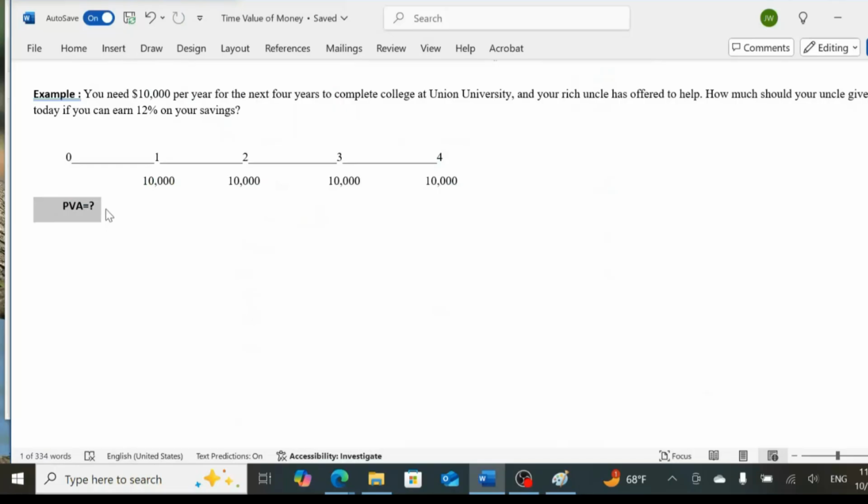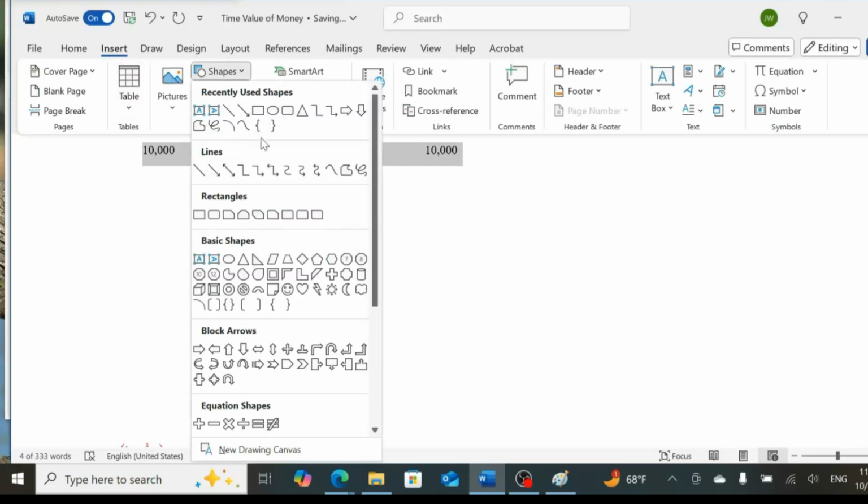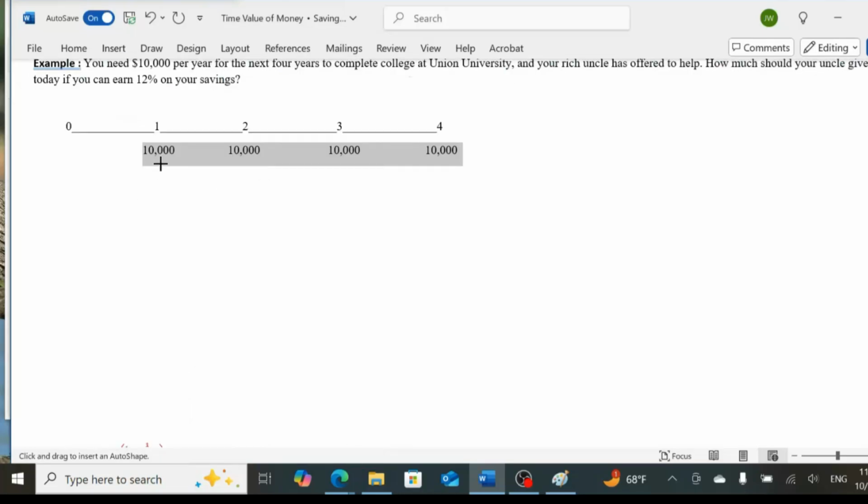So how can we do this? Follow the idea of how we figured out future value annuity. We treat the cash flows in a group like single cash flows, one by one. We figure out how much the uncle needs to provide in order for you to have $10,000 next year.